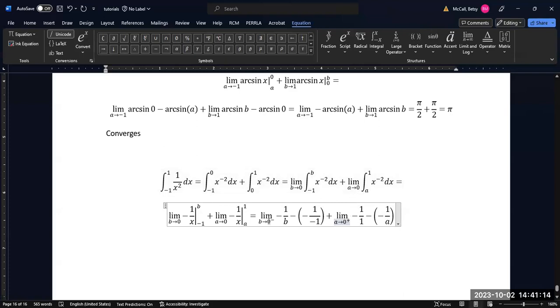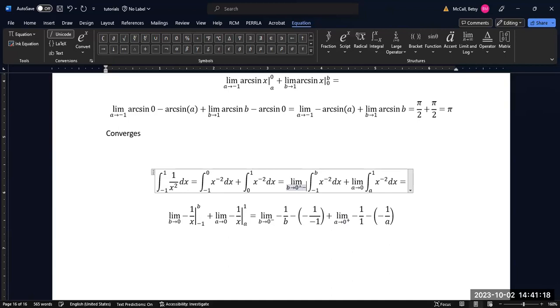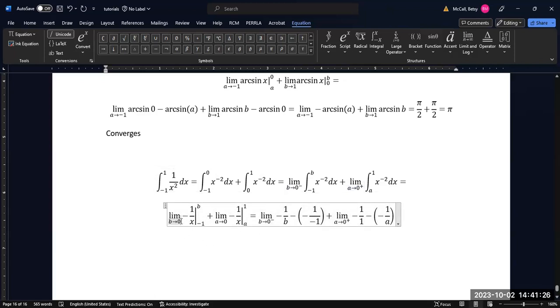Again, it doesn't particularly matter in this scenario, because even if they are technically opposite infinities, they're not allowed to cancel out, because each side of the integral has to converge or diverge separately.